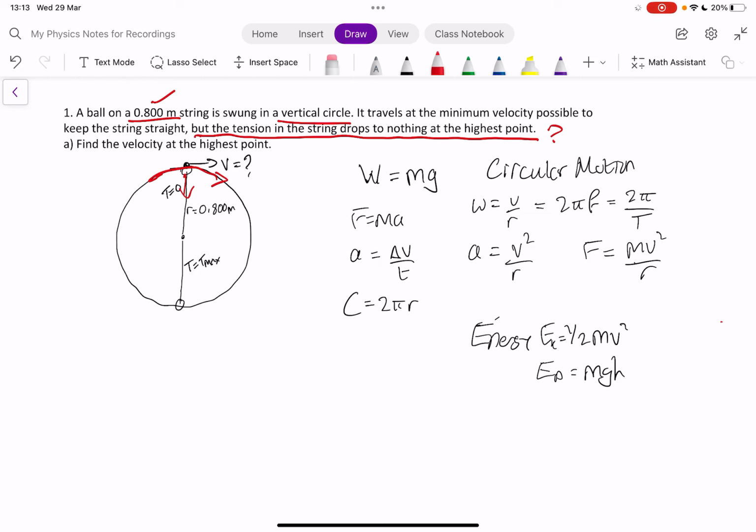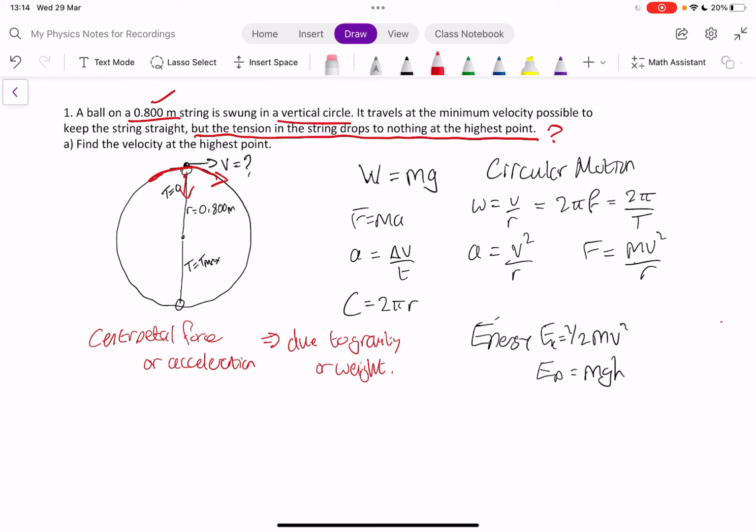Right, so at this point, right at the top, the centripetal force or acceleration is due to gravity. Realising little things about the question and what's going on in the situation makes life a lot easier when you come to actually sort it out for yourself.